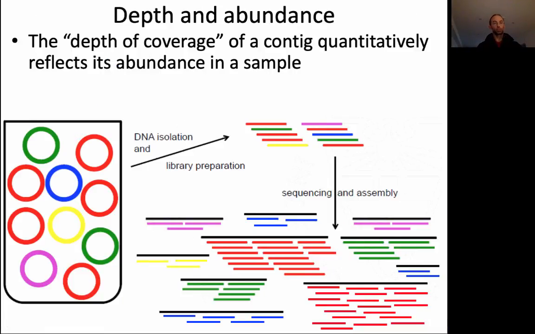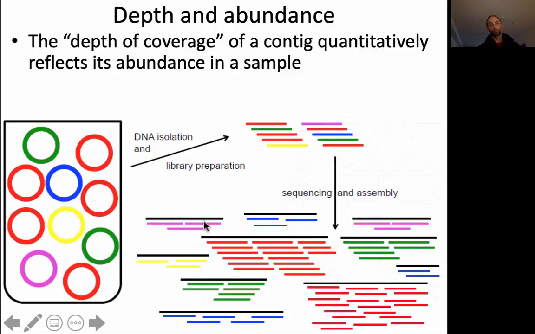Another signal that is consistent along the length of the bacterial genome is the abundance, which can be represented as the vertical coverage or the depth of the assembled contig. If we assume a bacterial community with different bacteria in it with different abundances, then if we sequence this randomly, there will be different DNA sequencing reads sequenced from this community, and the red bacteria will be much more abundant than, for example, the purple and the yellow bacteria.